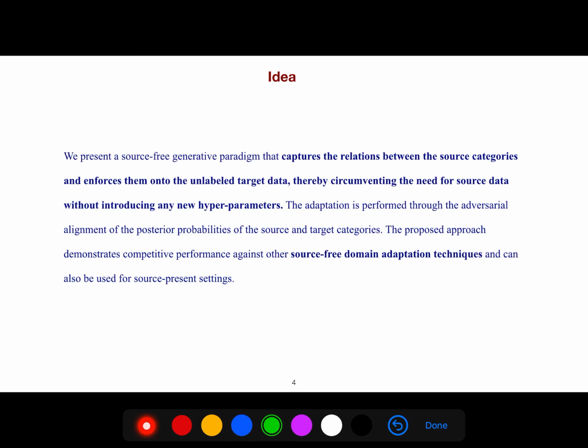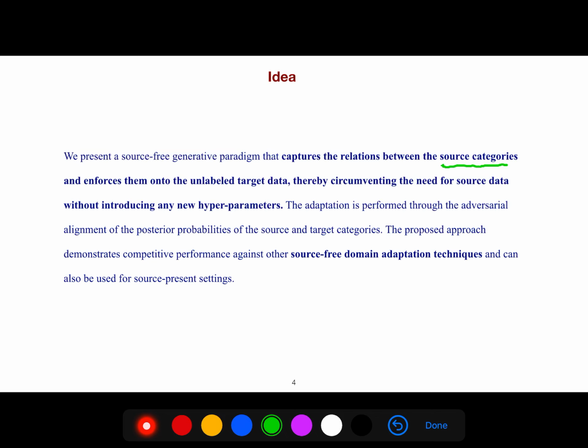We present a source-free generative paradigm that captures the relation between source categories and enforces them onto the unlabeled target data, thereby circumventing the need for source data without introducing any new hyperparameters.